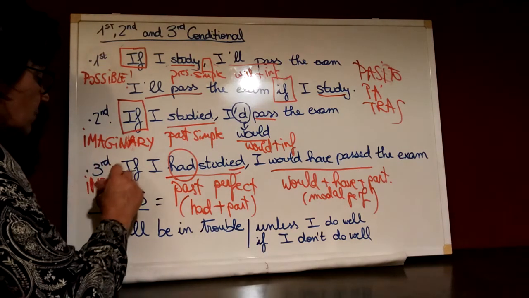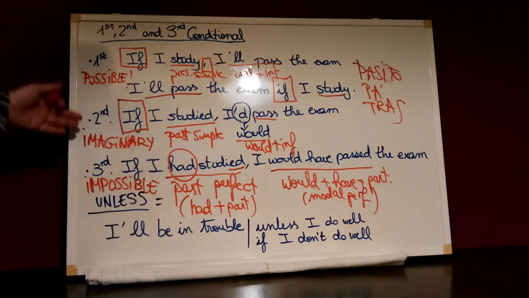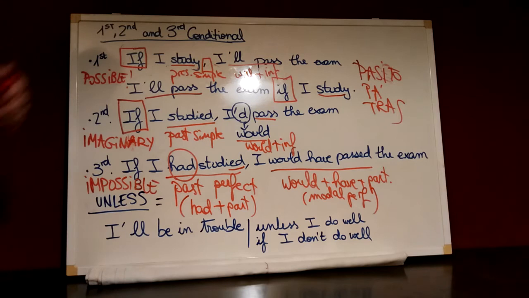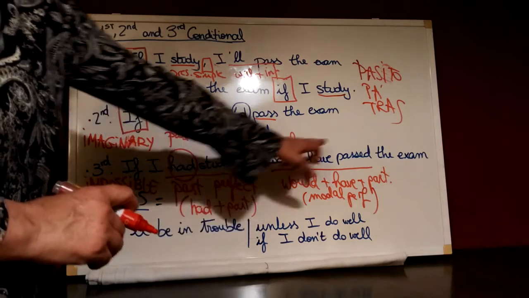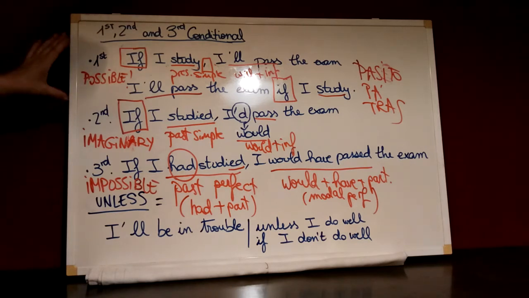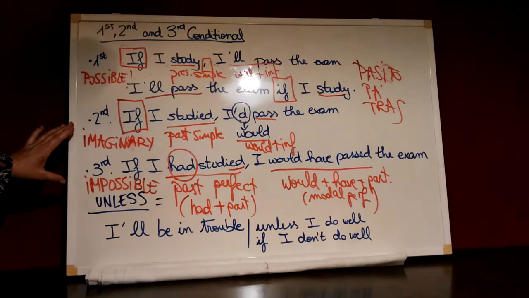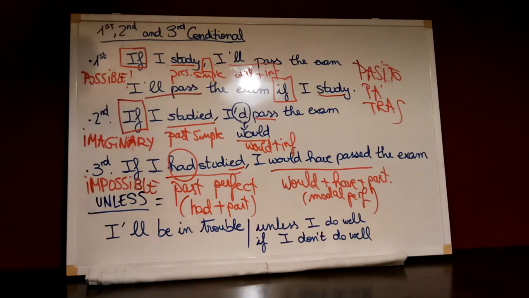So this is going to be impossible. That's a difference. The first one is possible, the second one imaginary, and the third is going to be impossible to change. Si yo hagués estudiat, hauria aprovat l'examen. Si hubiera estudiado, habría aprobado el examen. So you see, it's the same thing as in your language, Catalan or Spanish, exactly the same thing.